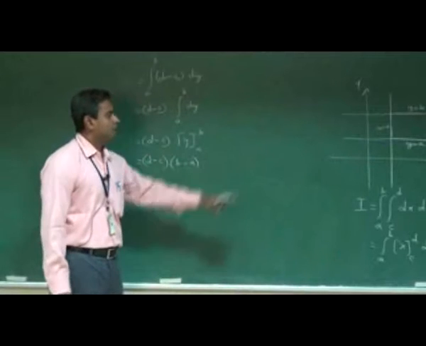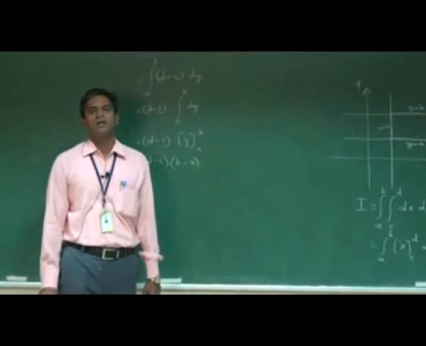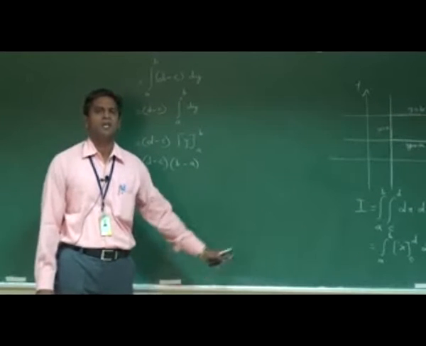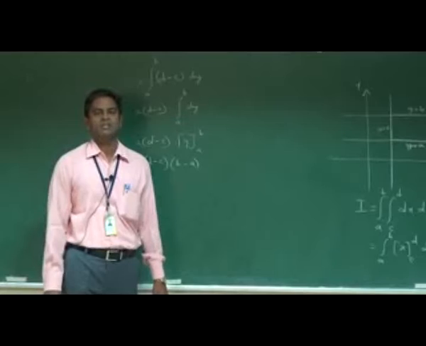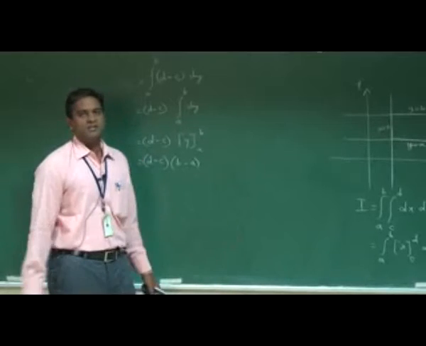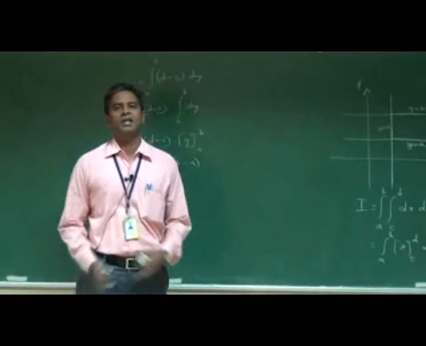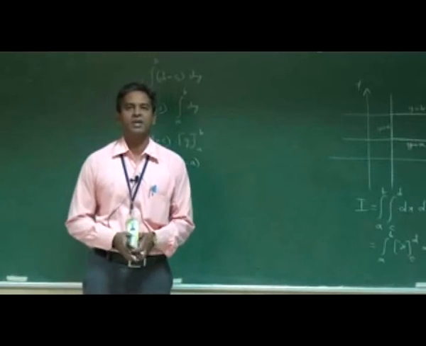Suppose the values of x and y are equal, meaning we have got the area of the square. So this is our double integral to find the area of the given region.